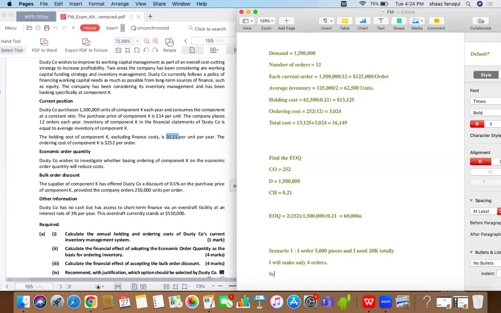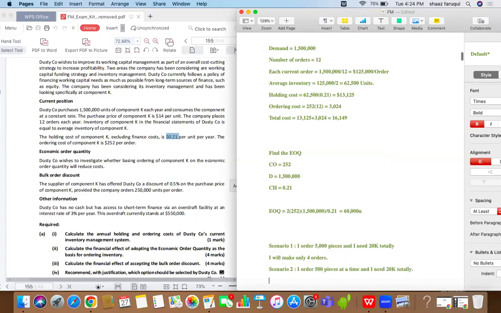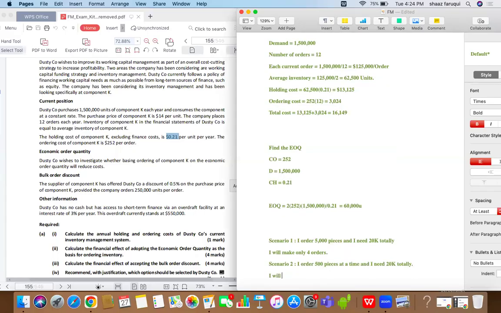Switch that scenario slightly. I order 500 pieces at a time and I need 20,000 totally. In this case, because I'm ordering fewer at a time, I will have to order more number of times. So I will, in this case, make 40 orders. And therefore, my ordering cost will be high.